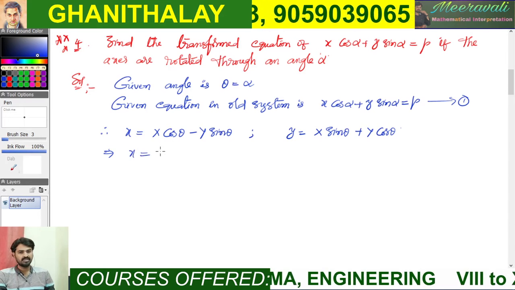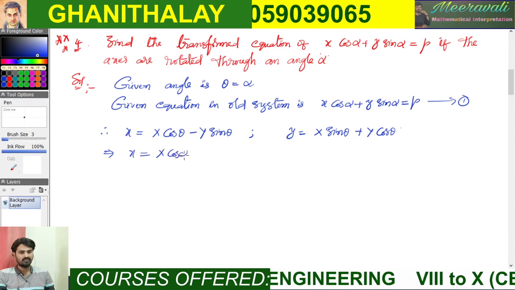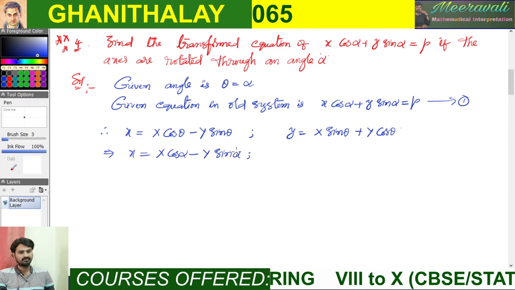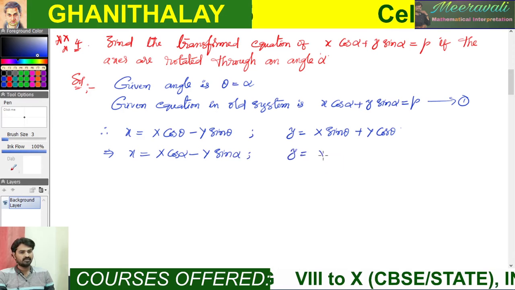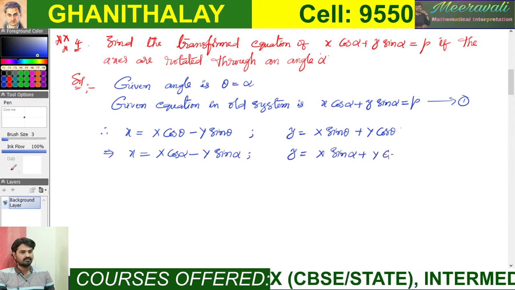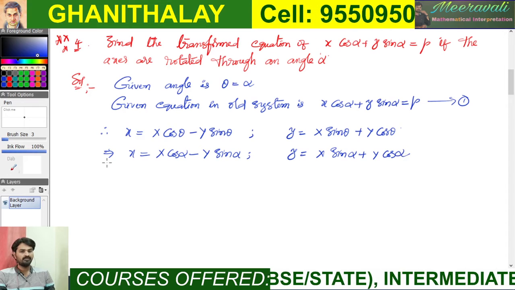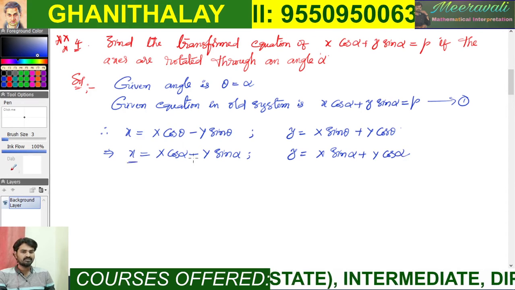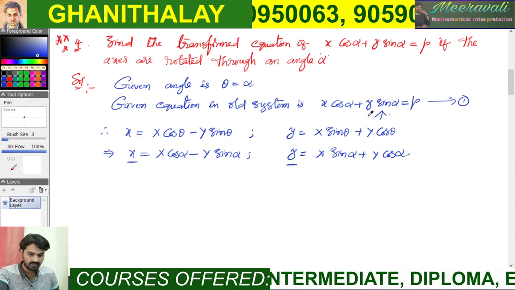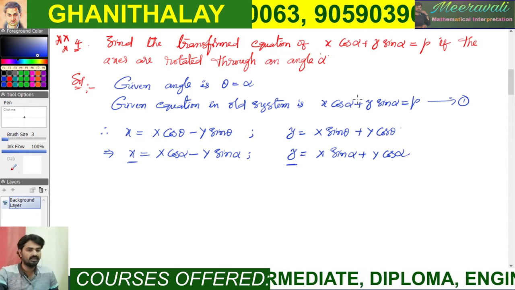Now x is equal to capital X cos alpha minus capital Y sin alpha. Next y is equal to capital X sin alpha plus capital Y cos alpha. Okay. Now directly this x value and y value can be put in equation 1.